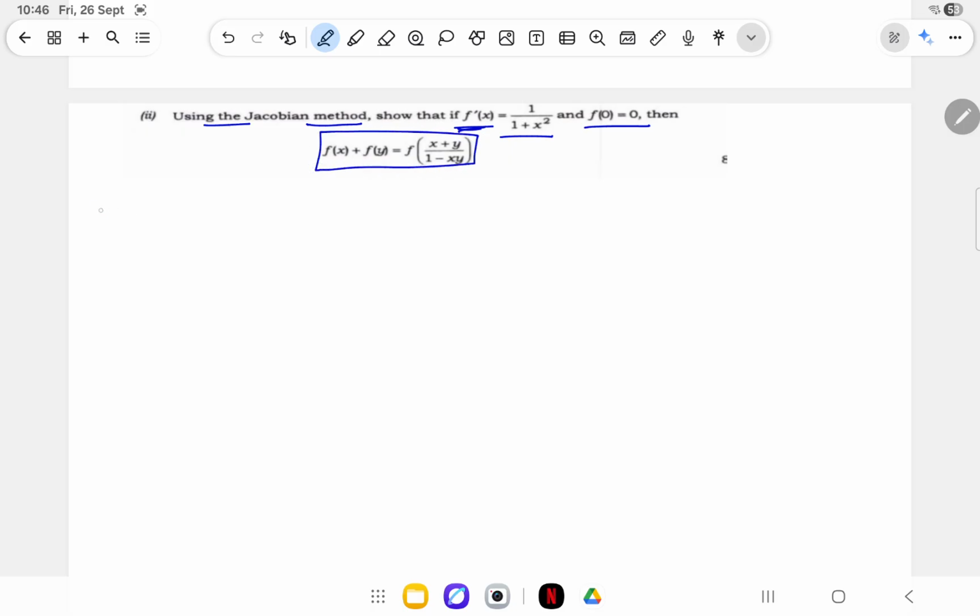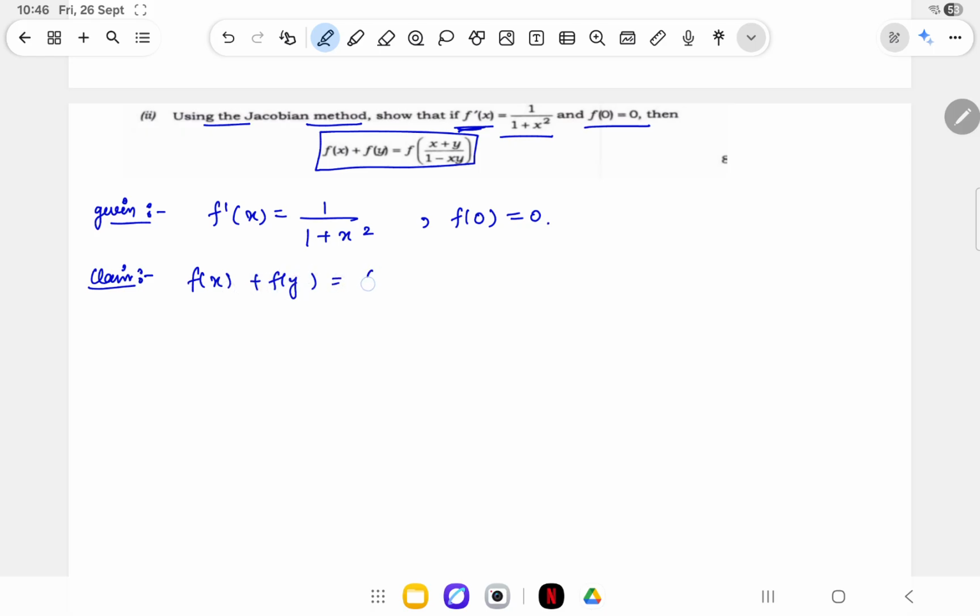So it is given to us that for a function, f dash x is equal to 1 by 1 plus x square, and further that f of 0 is 0, and our claim is that f of x plus f of y is equal to f of x plus y divided by 1 minus xy.